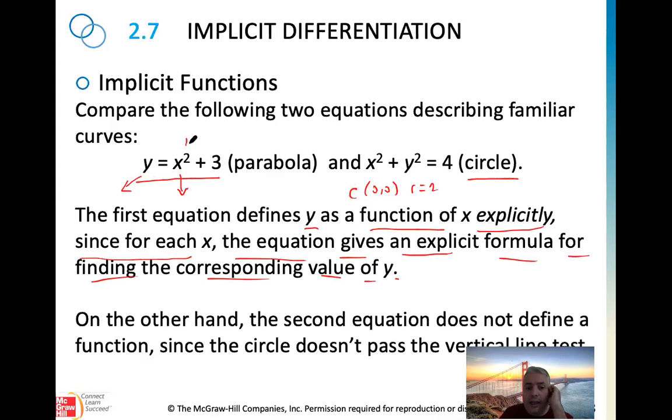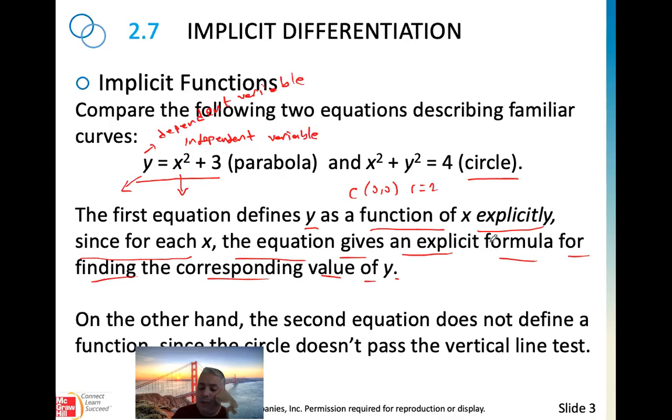X is called the independent variable and y is called the dependent variable. On the other hand, the second equation doesn't define a function since the circle doesn't pass the vertical line test.